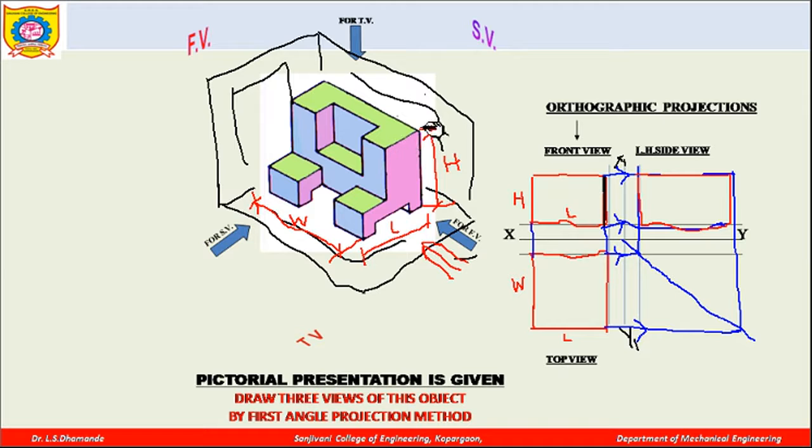Now some distance from this corner towards the left, there is a certain distance that I have to mark, and then I will join this particular line. Then vertically downward there is some dimension, so you have to come down by that much, okay. Then you draw a horizontal line of the given size.